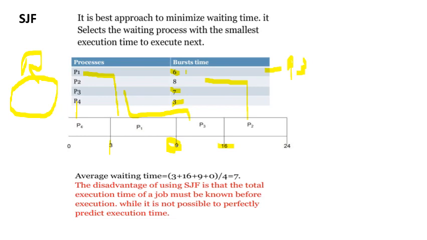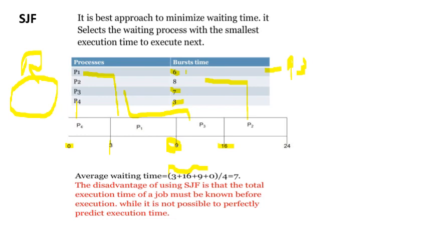And the waiting time for P4 is 0, because at the 0th millisecond, the CPU was allocated to P4. These are the waiting times for each process, and with their help you can calculate the average waiting time.